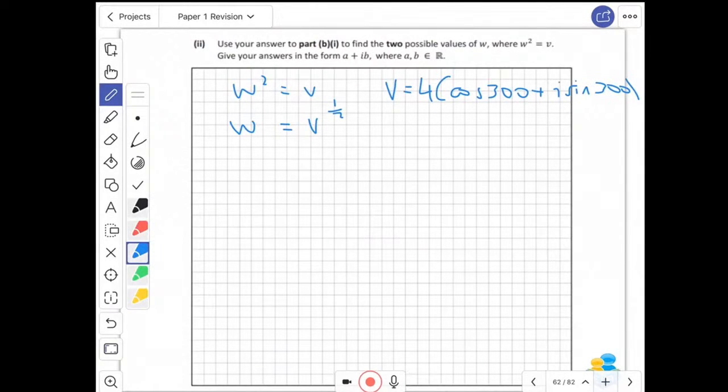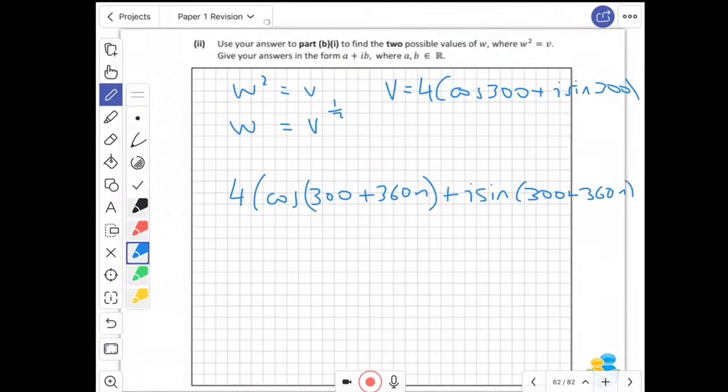So what we need to do then is we need to actually add a slight extra bit on here, okay, and we need to say that in order to find our roots, it's 4 bracket cos 300, but you need to add on plus 360n, okay. You might remember doing that when you're trying to find the different areas in your Argand diagram where your answer is going to lie, and then it's i sin 300 plus 360n.